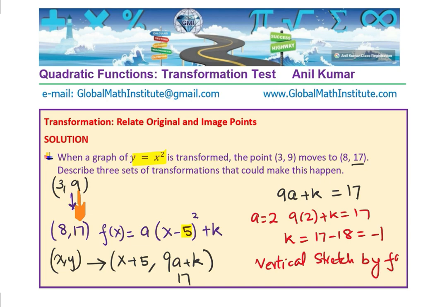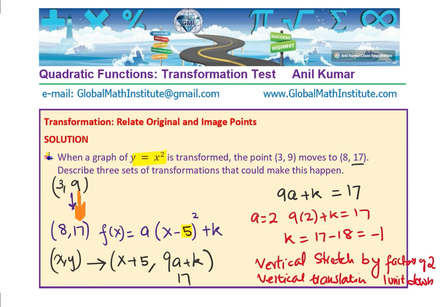So that means we come up with a solution of vertical stretch by a factor of 2 and vertical translation one unit down. Correct?